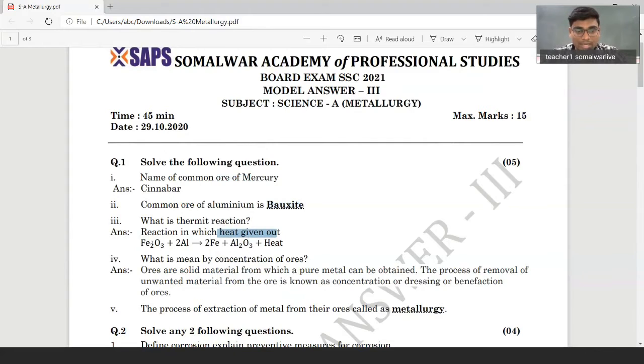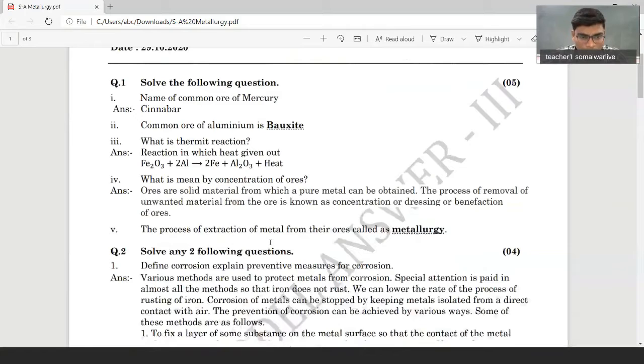When you add aluminium, which is used as a reducing agent, to iron oxide, we get heat as the output. This is called a thermit reaction. This is one of the important questions of the syllabus. So always remember, the thermit reaction is a reaction of iron oxide with aluminium powder, which acts as a reducing agent.